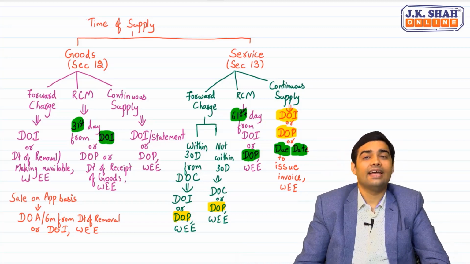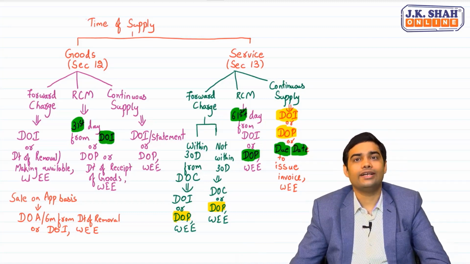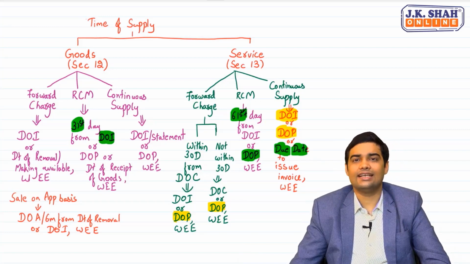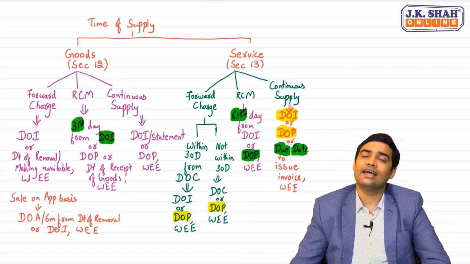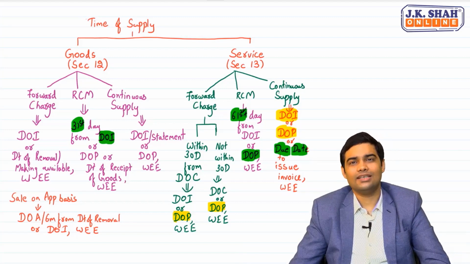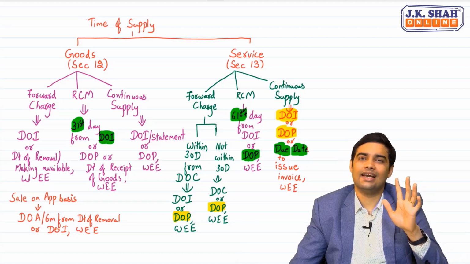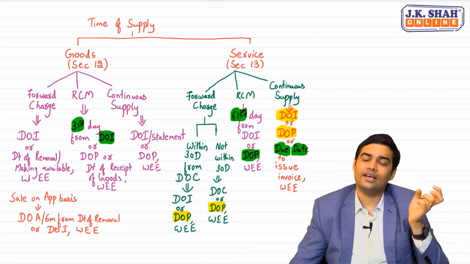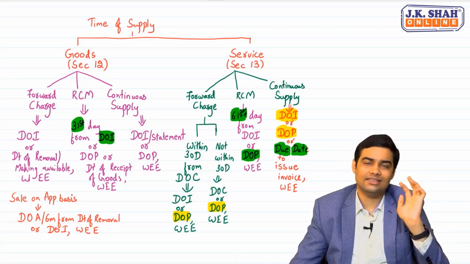Okay. Here, don't forget one more point. In case of associated enterprise, you will learn associated enterprise in CA final direct taxes. But associated enterprise, in crude sense, means related persons. In such cases, there can be instances where invoice is not issued.